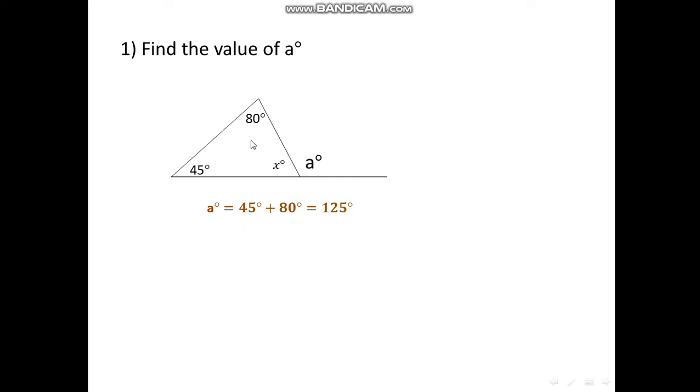So A equals 45 plus 80, which is 125. Look, the new method solved our example very quickly. This is solved according to the new method, because the external angle A equals the two opposite internal angles, 80 plus 45, which gives you 125.